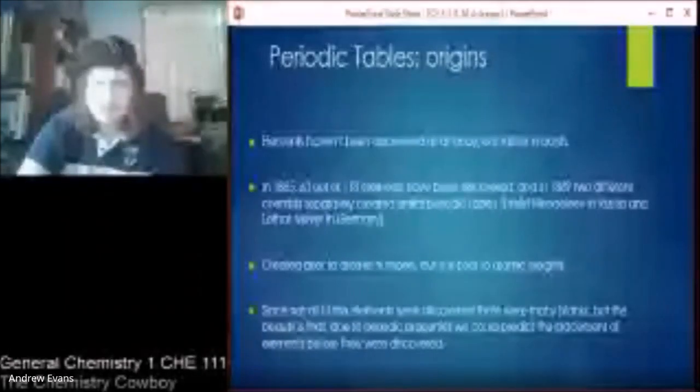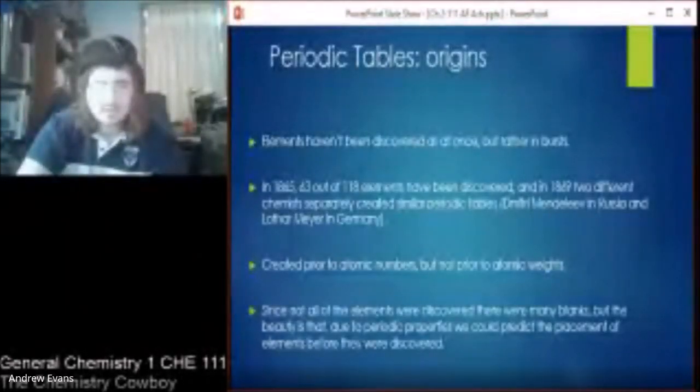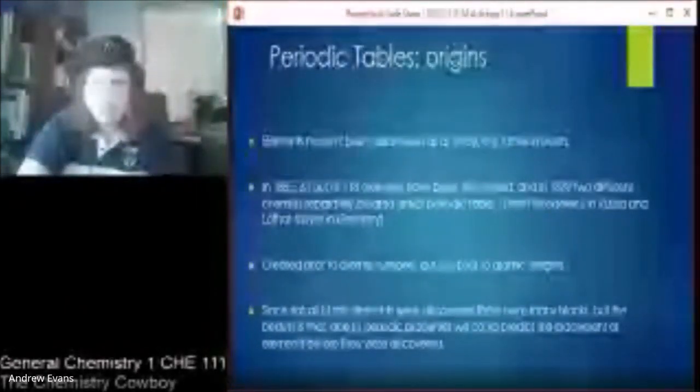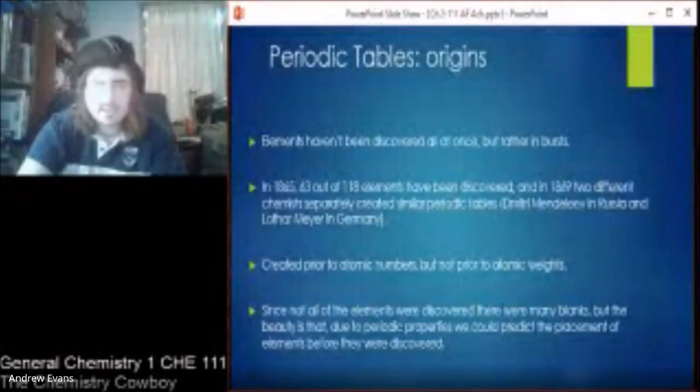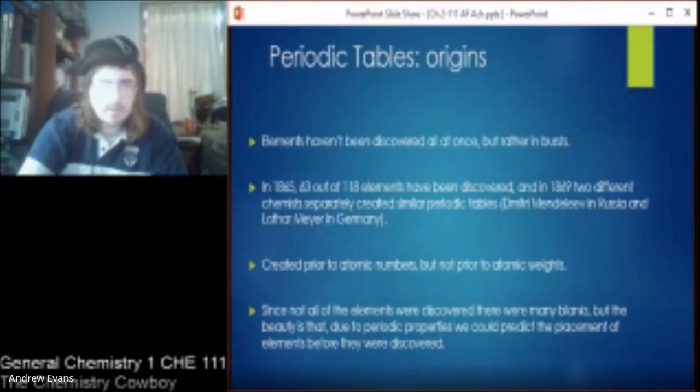But this was put together prior to the atomic numbers. Now, they could do this because they knew something about the atomic weights, how they reacted and how heavy they are. But even then, not all of that works, because for some of the transition metals, the atomic weights don't always follow an obvious linear pattern.